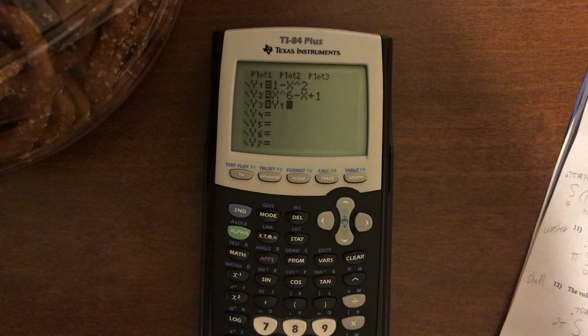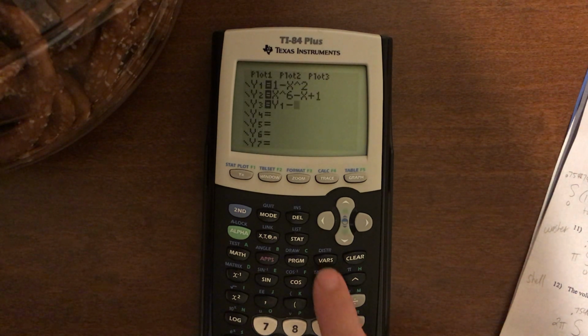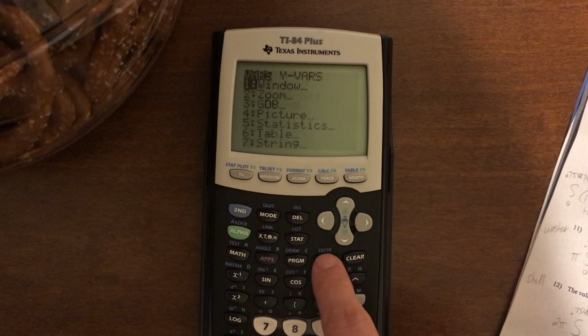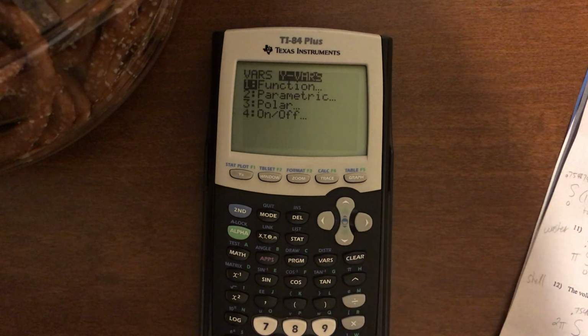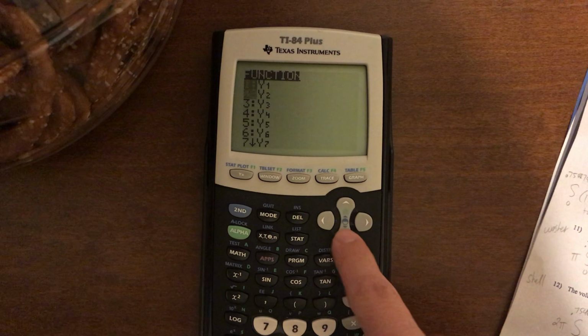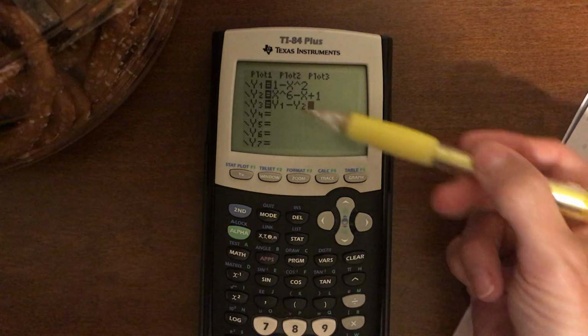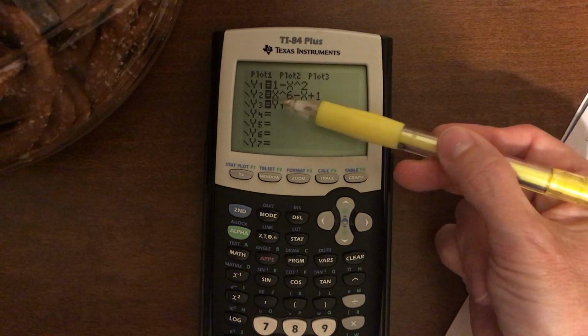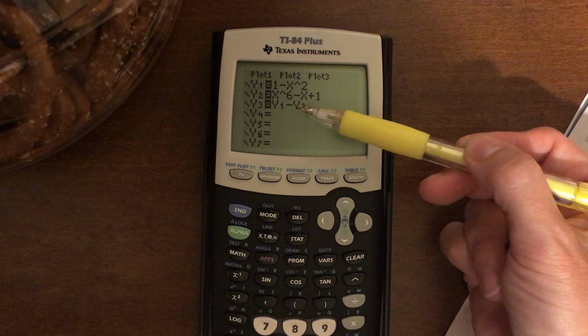I'm going to select y1 minus, and then I'm going to do y2 that same way: vars, y vars, function, y2. So in my y3, I have whatever's in my y1 minus whatever's in my y2.